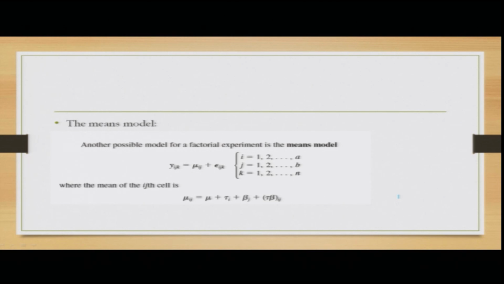So, when I find the mean, on the left hand side you had y suffix ijk. When I find the averages, then on the right hand side we know the average of the taus was 0, the average of the betas was 0, and the average of the tau betas, with i fixed and j changing, or j fixed and i changing, is 0.